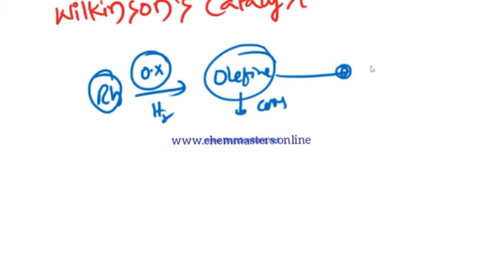The third step is migratory insertion, that is, the hydride migrates onto the olefin.